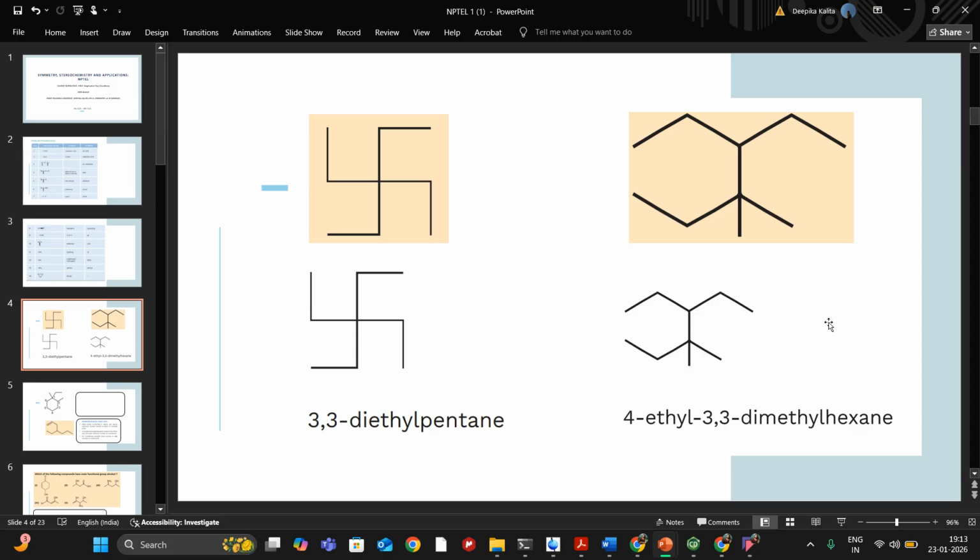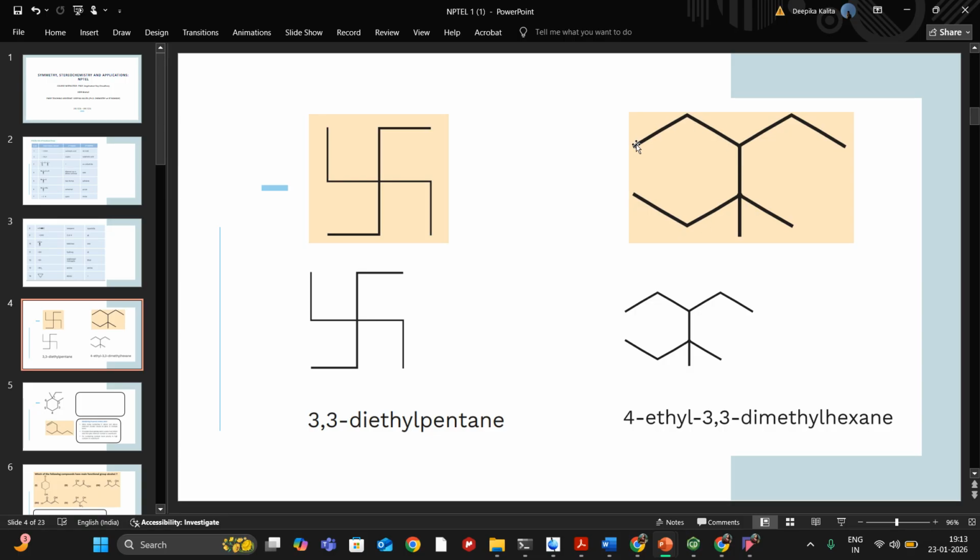So hence, if we have to name this compound, we will have to move from here and trace it till here, or we can trace it here also, since these two are identical. So you can go either in this direction or in this direction.